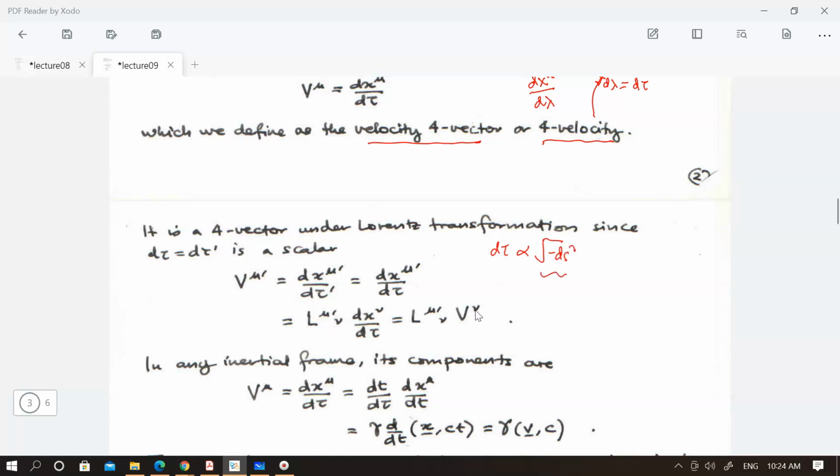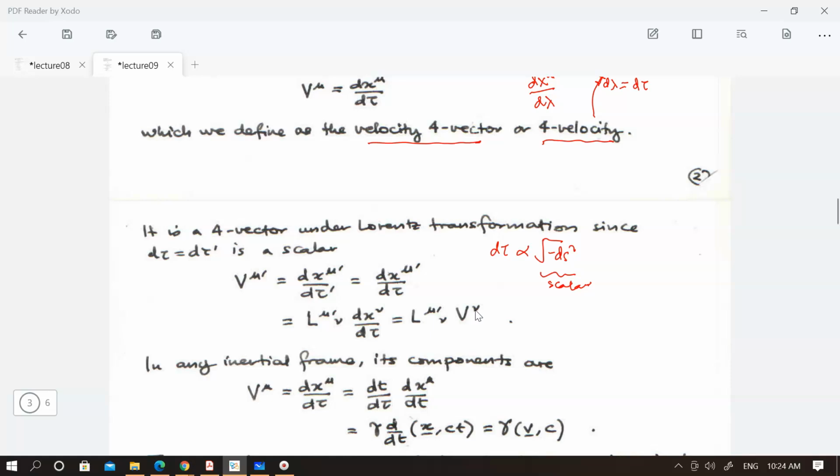So this is a scalar. In other words, d tau equals d tau dash. If you convert to the dash coordinates from this formula, I get v mu dash equals dx mu dash over d tau dash, and d tau dash is equal to d tau. So I simply have dx mu dash over d tau.